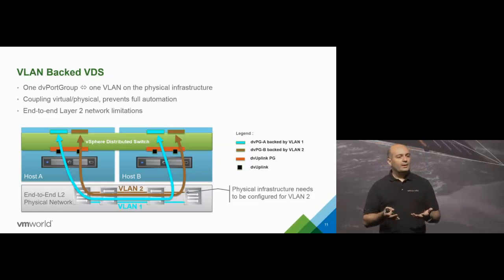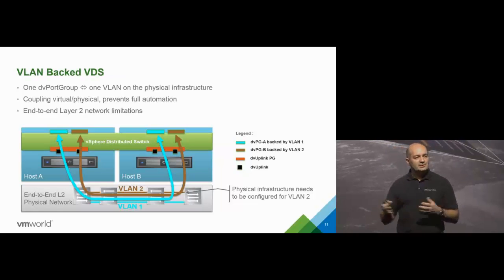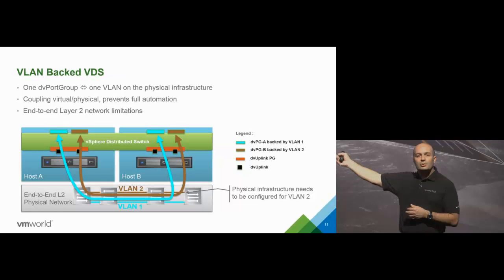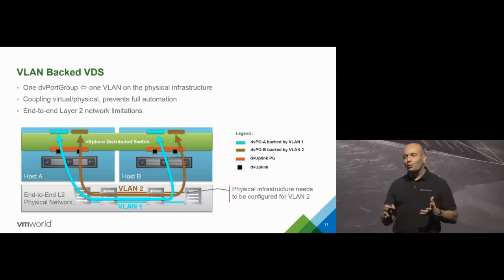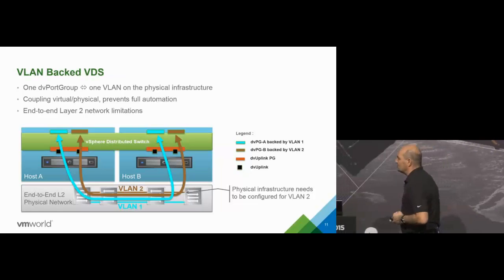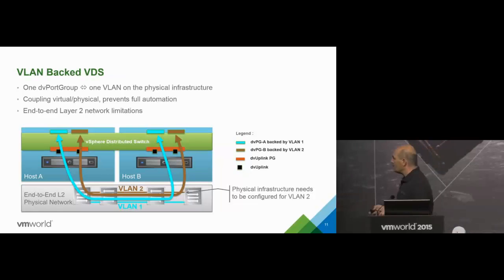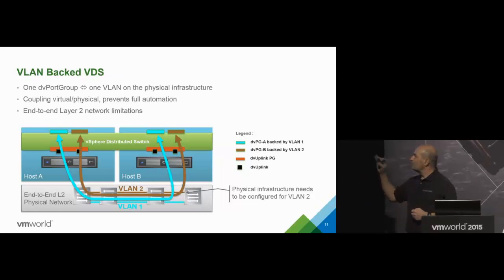The reason why people are asking for 4K VLANs is that they want to pre-provision every VLAN so that when you go into the VDS and you ask for a new DV port group, there is already one VLAN available for this DV port group. This is, of course, not really scalable at the hardware level, and it's generally a problem. So this is a big issue in terms of coupling to the physical network.